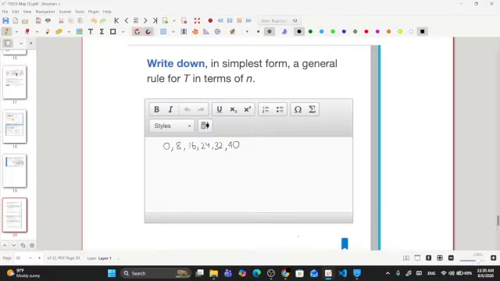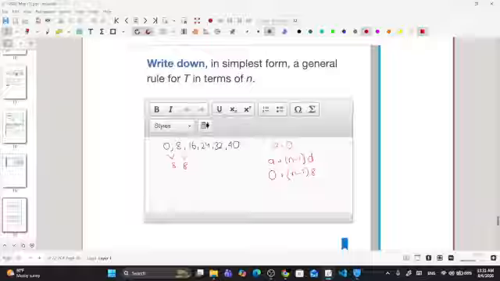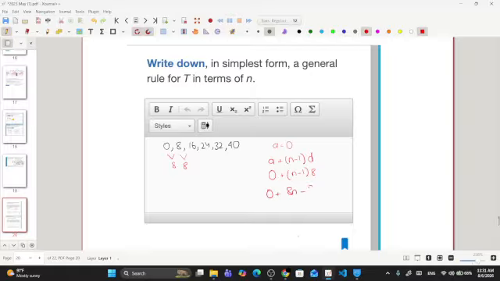So here we can see that there is a common difference of positive 8 and the principal term A is equal to 0. So we have A plus n minus 1 multiplied by D. A is 0, n we don't know, and D is 8. Common difference is 8. So we have 0 plus 8n minus 8. 0 does not make or break anything.